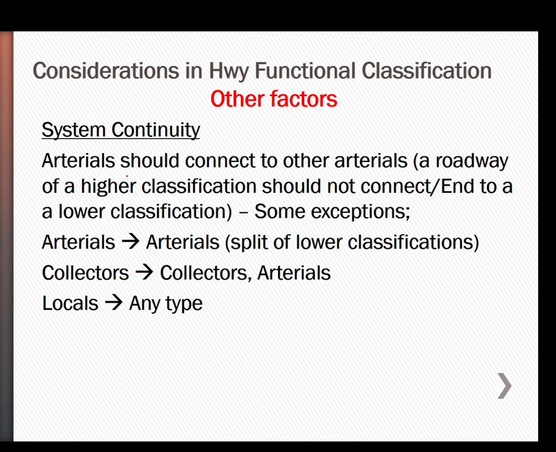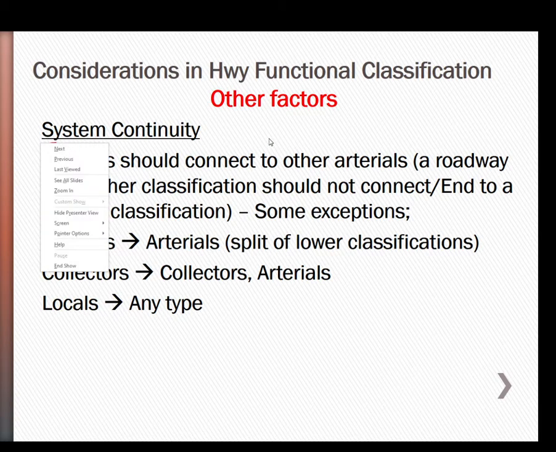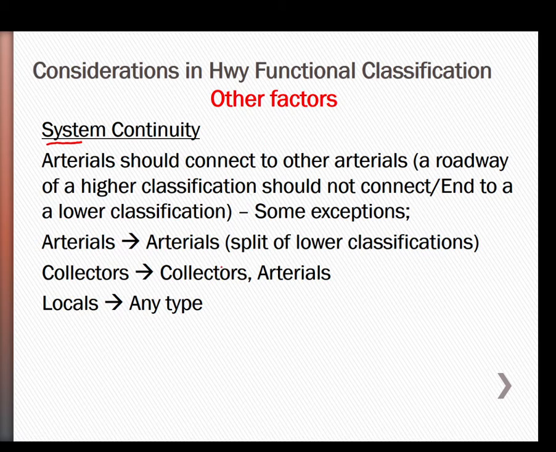One thing you have to make sure of, and these are some of the rules of thumb from AASHTO, is system continuity. It has to be continuous, meaning that arterials, the bigger roads, should always connect and end at other arterials.